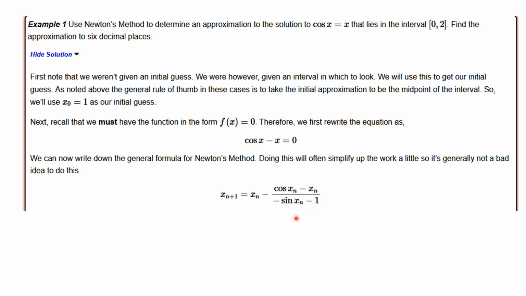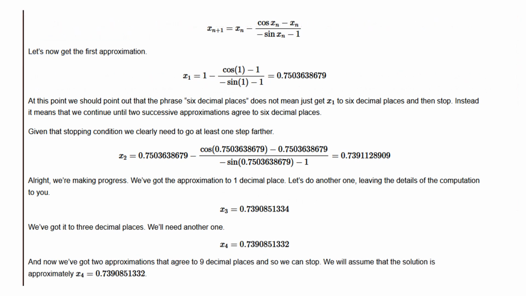And then we divide this by the derivative. Now the derivative of this is going to be negative sine minus 1. And so we have to divide this by negative sine x_n minus 1. So here was the recursion relationship that we have, and we can now get our first approximation.